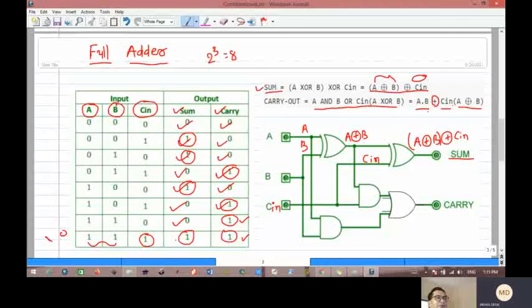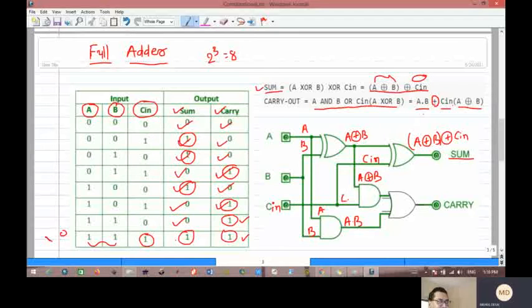Now similarly for the carry, one operation is ANDing operation. So here this is A, this is B. So here we get A and B. Now another ANDing operation with the A XOR B. So here we get A XOR B, ANDing with Cin.